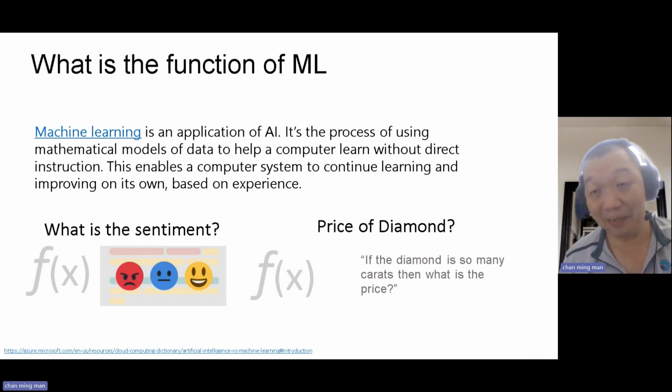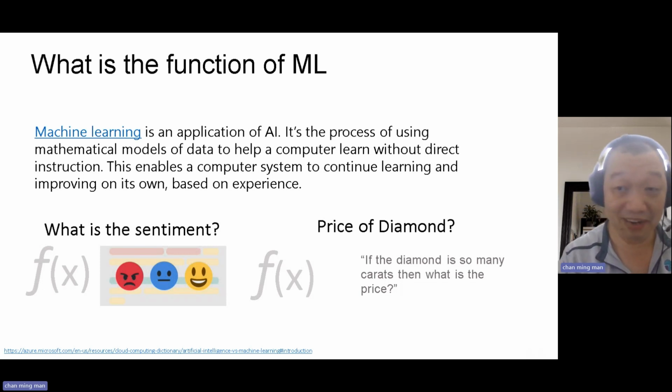And you can also do price prediction. What is the price of a diamond? I will teach you how to predict the price of a diamond. People like diamonds, especially ladies. If you have a wife or a girlfriend, they like diamonds.